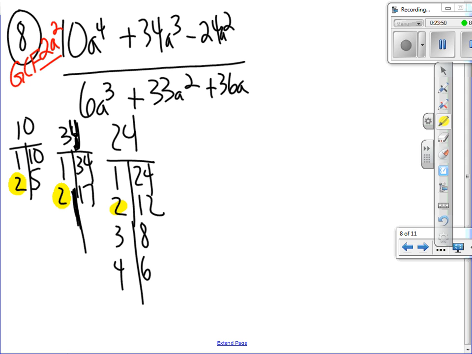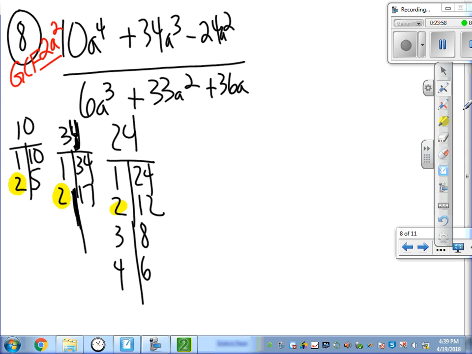Now, you want to get to a point where you don't have to do this every single time because it takes time. And exams are pressured situations because time is limited. So if you need to do it for now, that's great. I do it because it's going to get you the right answer. But eventually you want to get so good you don't have to fiddle with listing all the factors and finding the right one.